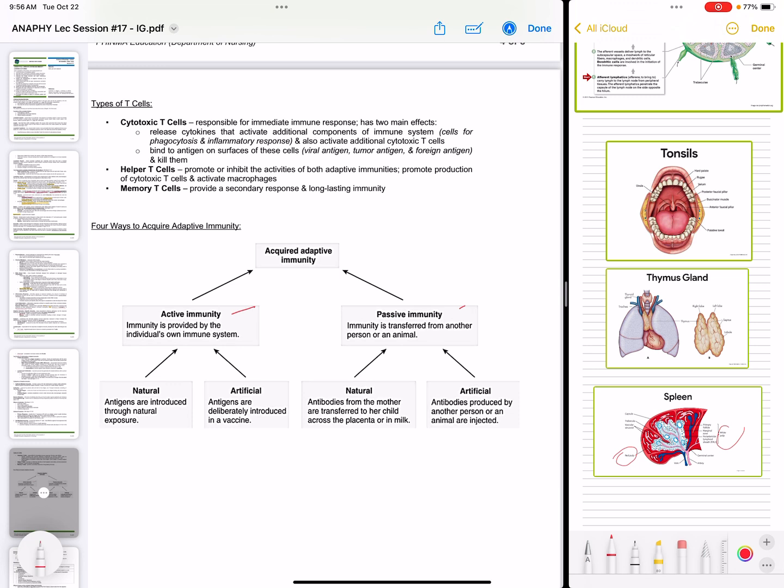So, kung natural, so when a baby receives antibodies from their mother through the placenta or breast milk, na siyang natural. So, kung sa artificial naman, so when a person receives an injection of antibodies such as immune globulin to protect against a disease. Okay? So, ang natural kag artificial sa passive immunity.